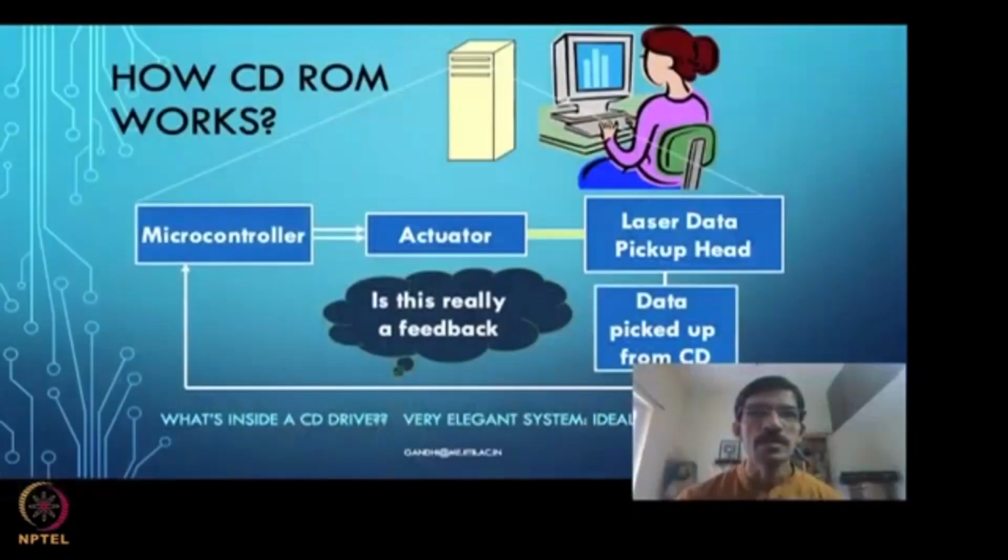Okay, so while thinking about the CD-ROM drive, you need to think about these four elements that are here. Microcontroller, actuator, then you have the actual CD system, and then some kind of feedback from the system.